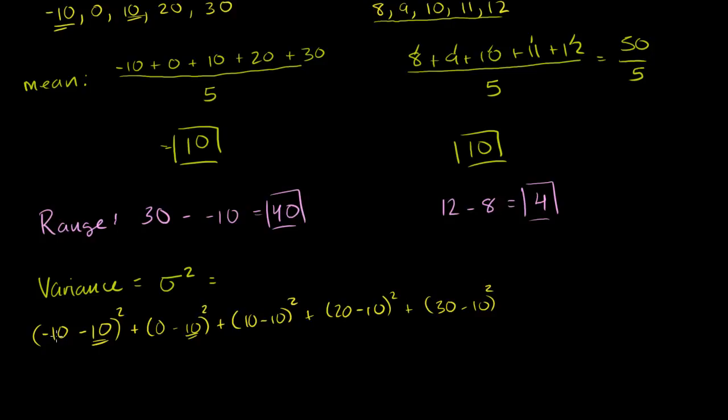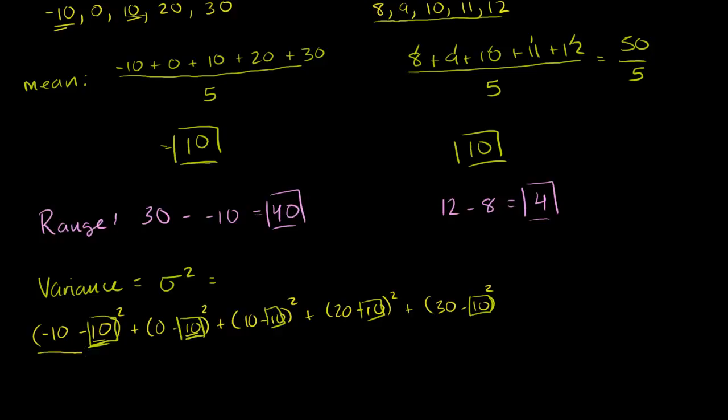So these are the squared differences between each number and the mean. I'm finding the difference between every data point and the mean, squaring them, summing them up, and then dividing by the number of data points. I'm taking the average of the squared distances.